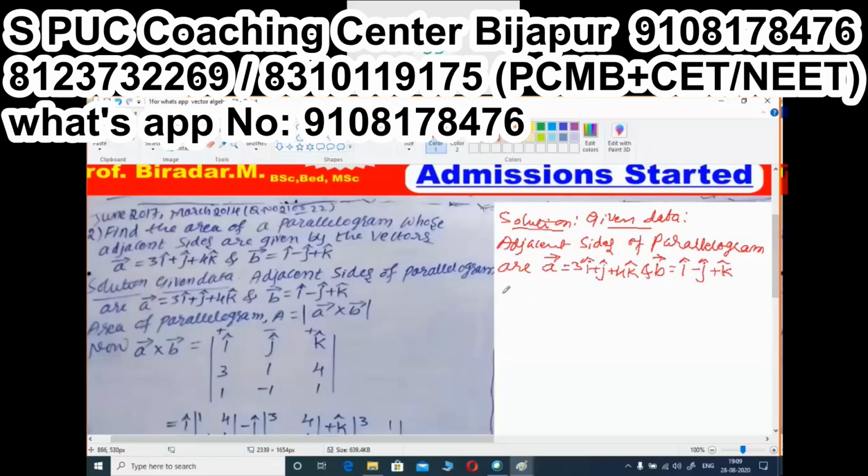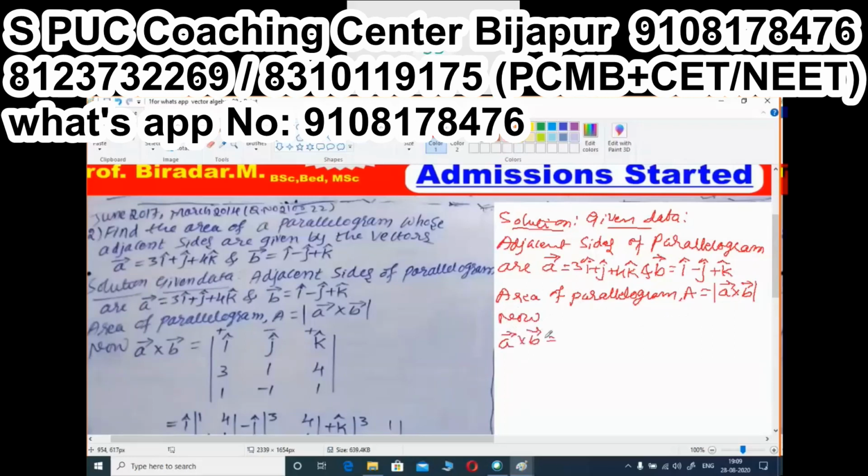The area of a parallelogram with adjacent sides A and B is equal to the modulus of A vector cross B vector, that is mod of A cross B. If you take its mod, you will get the required area of the parallelogram. First we shall find A cross B.